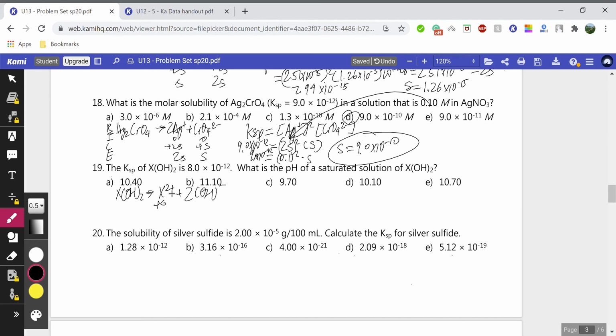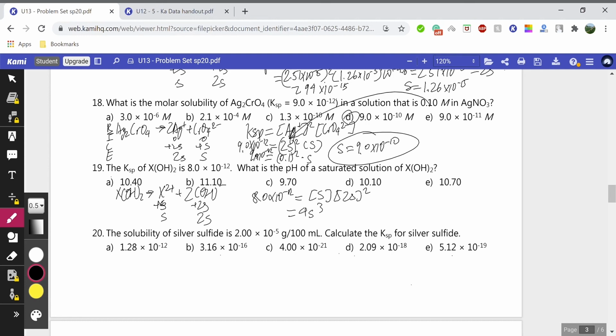Then we have plus s and plus 2s. So 8.0 times 10 to the negative 12 Ksp is equal to s times 2s squared because we have 2 OH, which will be equal to 4s cubed.